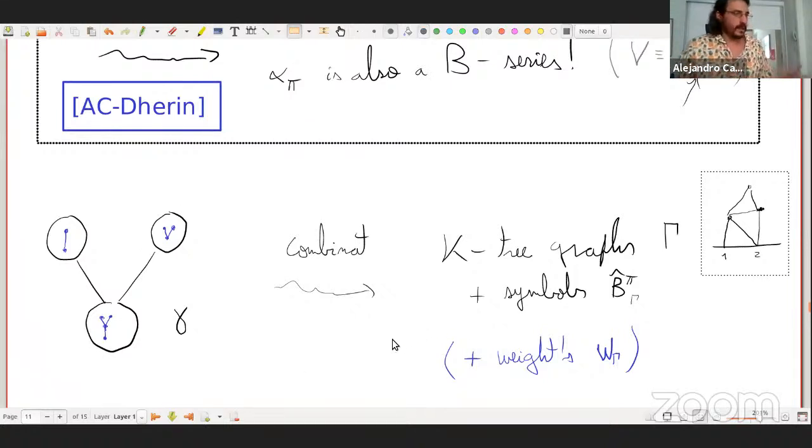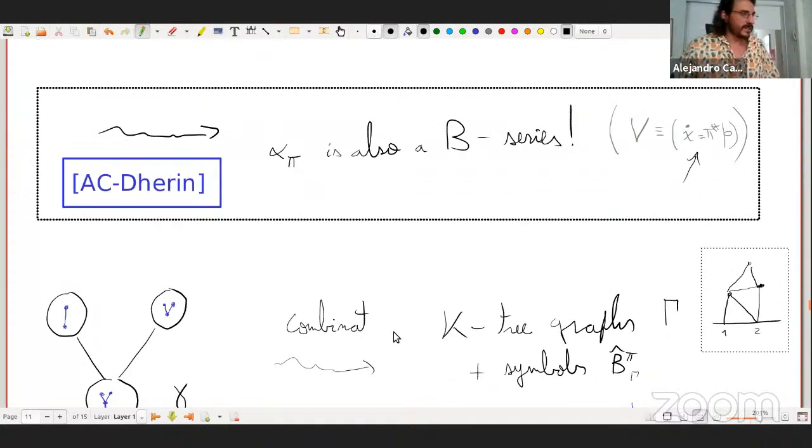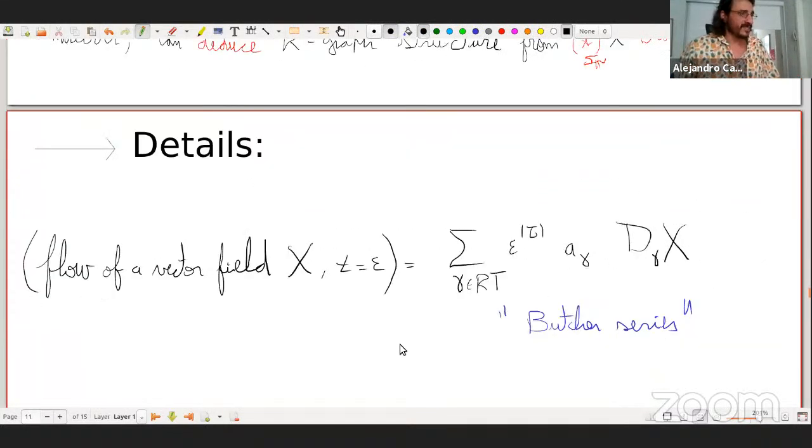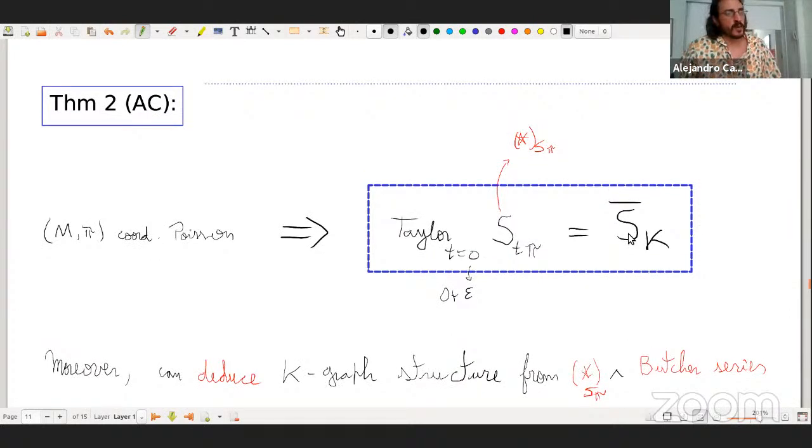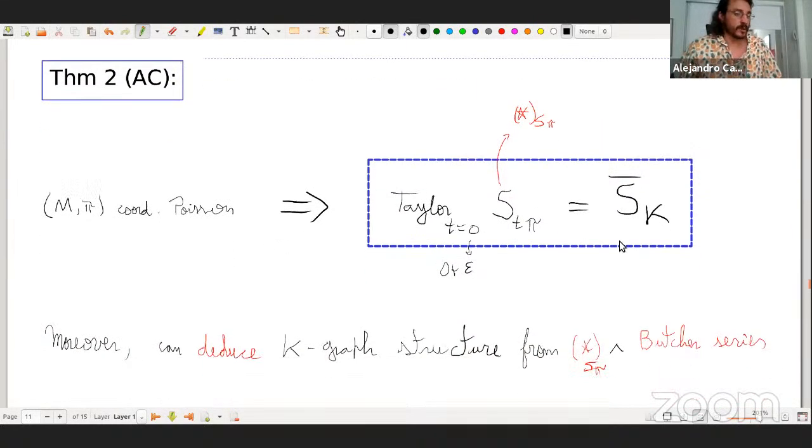So, okay, I hope the idea is more or less clear. So I come back to this: from this Poisson geometric perspective and using Taylor expansion, we can understand pretty accurately the structure of this generating function, the formal one, and also this graph structure.